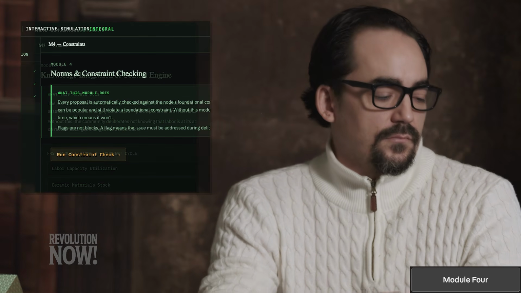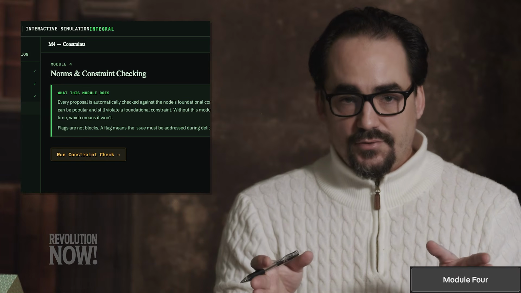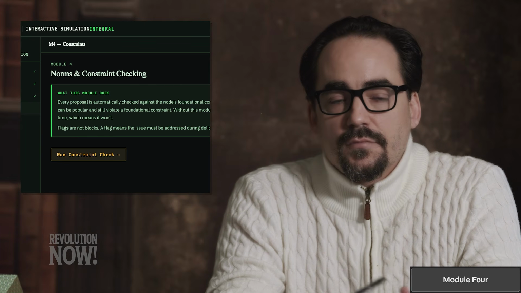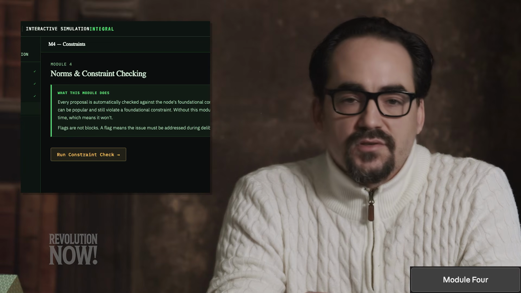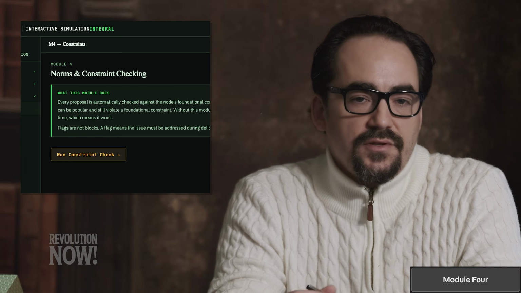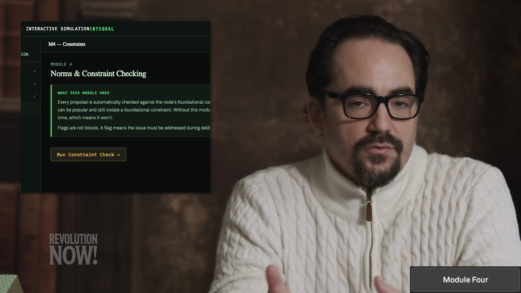Module 4. Now, Module 4 extends this kind of retrieval process into constraints, norms and constraint checking. What is a constraint? It is something that has to be abided by as a rule. This pertains primarily to proposals rather than assessing problems, even though problem resolution, as said before, does inevitably involve proposals.